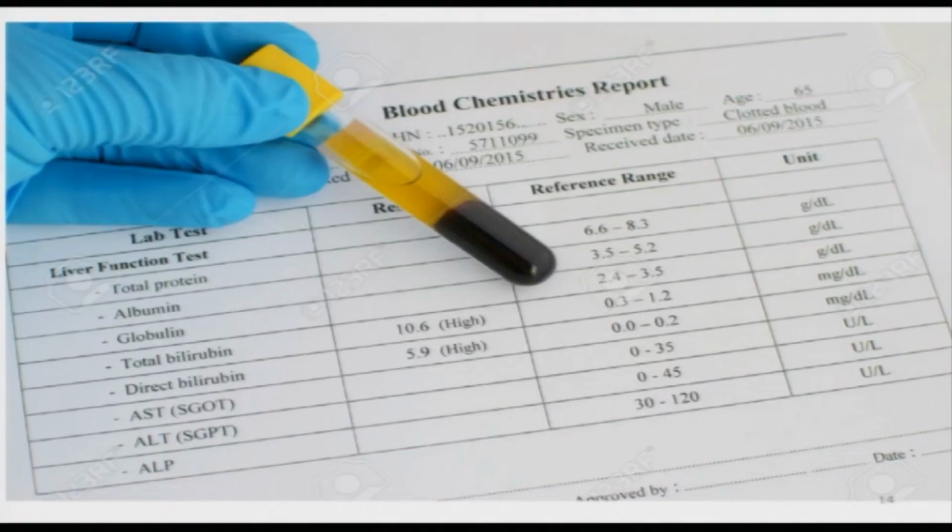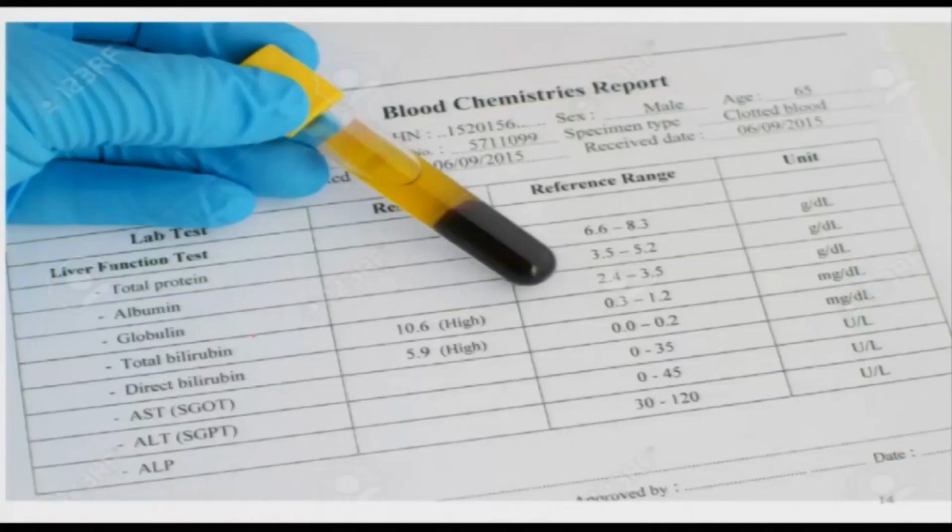Now, if you have a high level of bilirubin, how do you know that? If you go to a doctor, then the doctor will ask you to test the blood to do two things. One is to measure how much total bilirubin and direct bilirubin you have. So, from these values you will get to see whether you have excess bilirubin in your body.